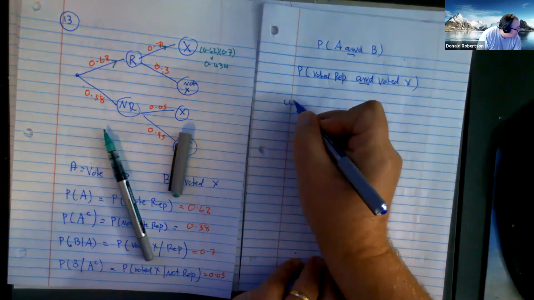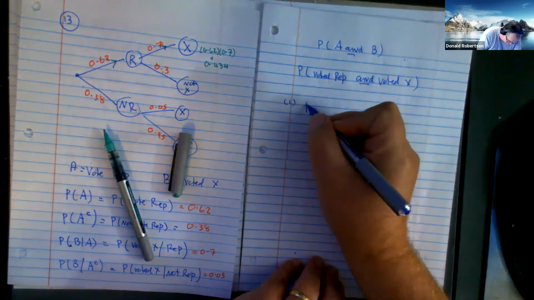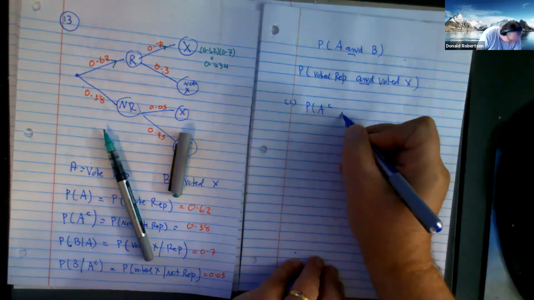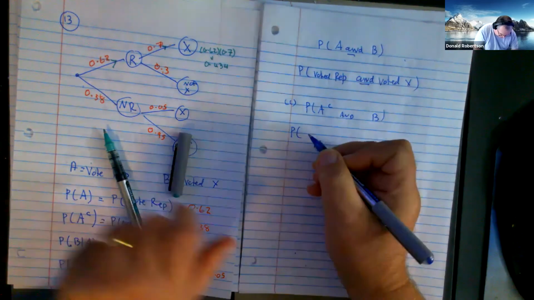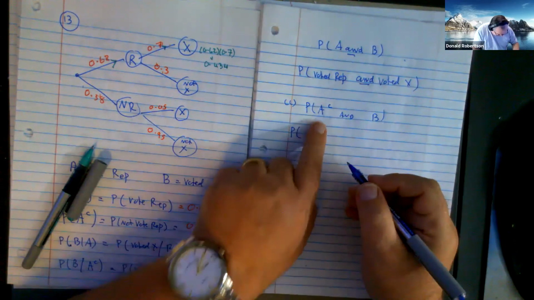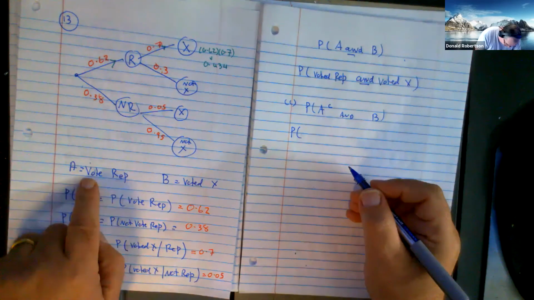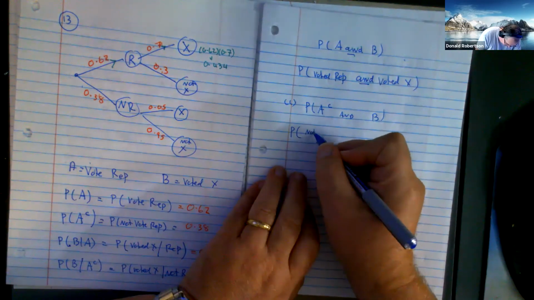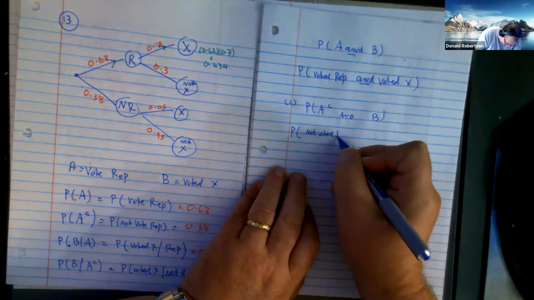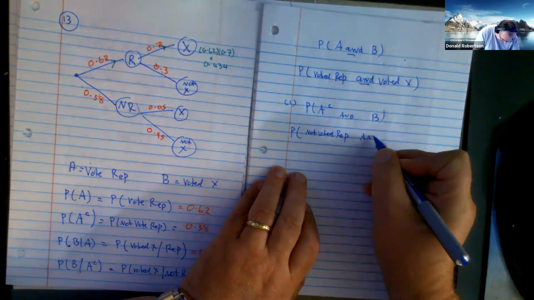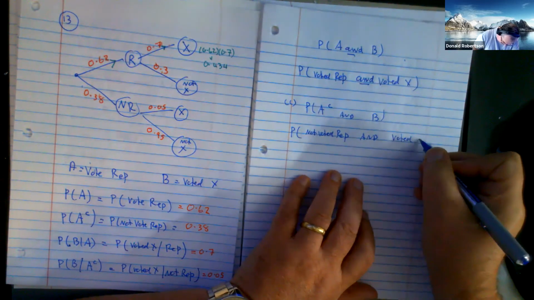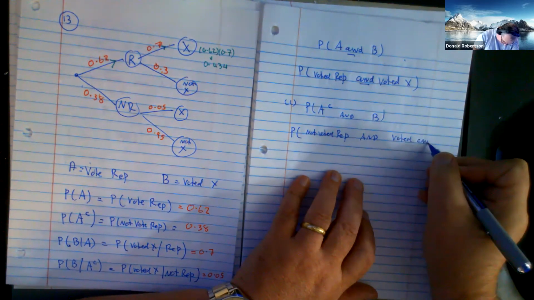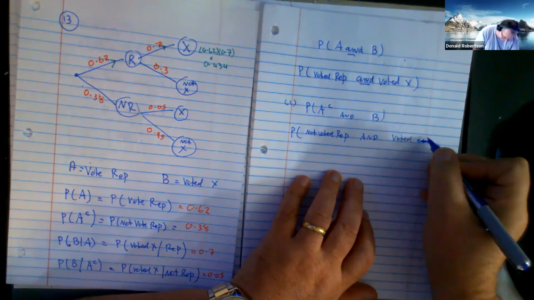Now we have, I think it's called C, the probability of A complement and B. I'm going to turn it into words. A complement is not voting Republican, right? So you did not vote Republican. And B is you voted for candidate X. I should just say voted X, right?